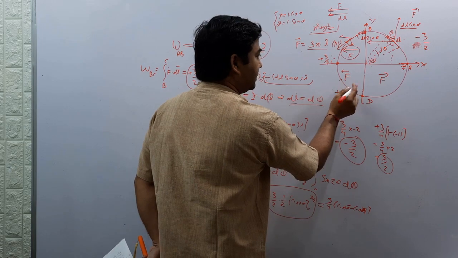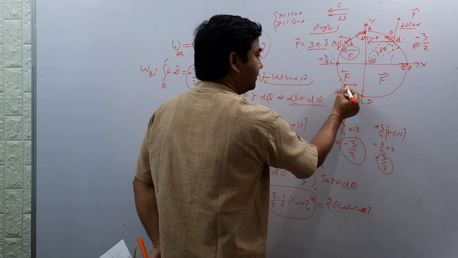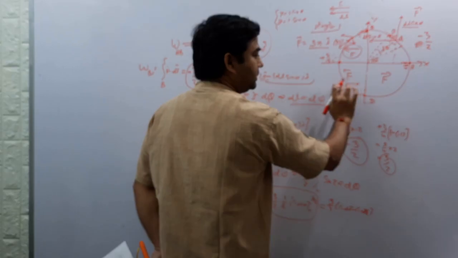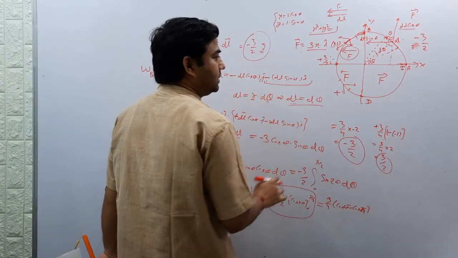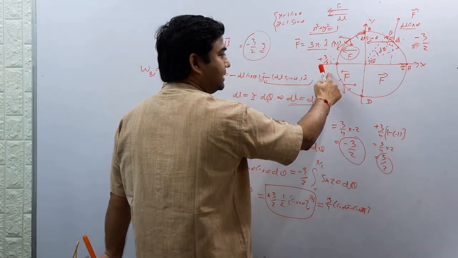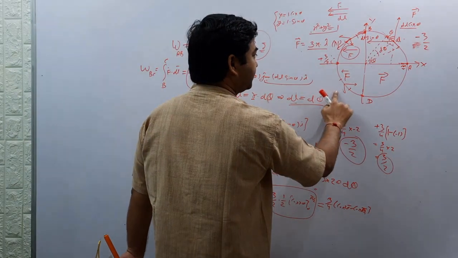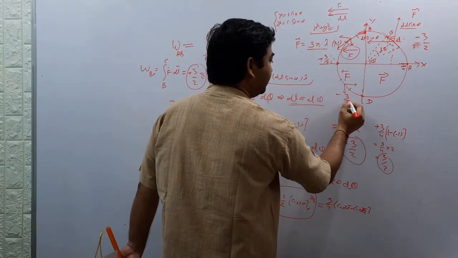This is dl, the magnitude will be the same, so it has a horizontal component and a vertical component. The horizontal component is toward the positive direction, but for force, x is negative, so the force will be in this direction, so it will be negative, minus 3/2.